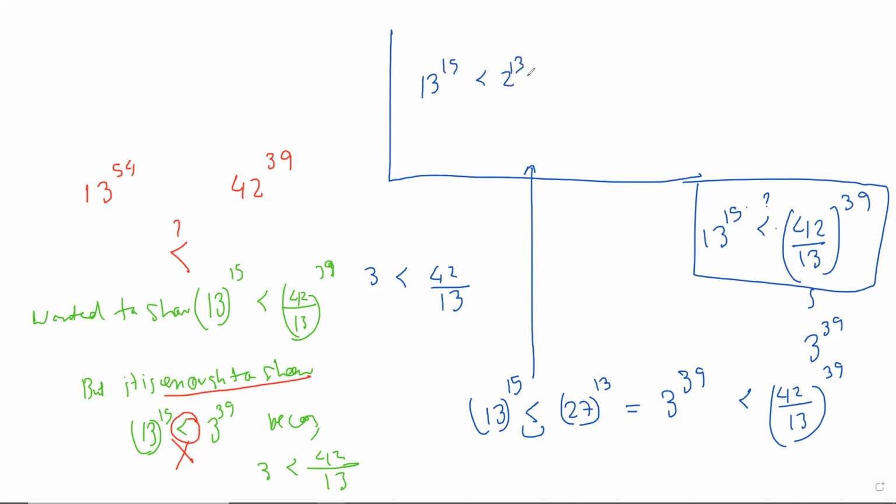Okay, 2 to the power 13 into... Why? Because you can cancel and then 13 squared is less than 2 to the power 13.